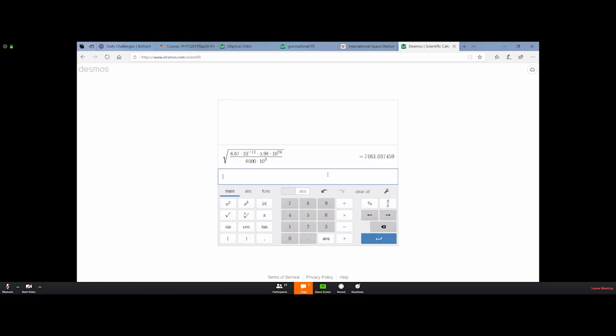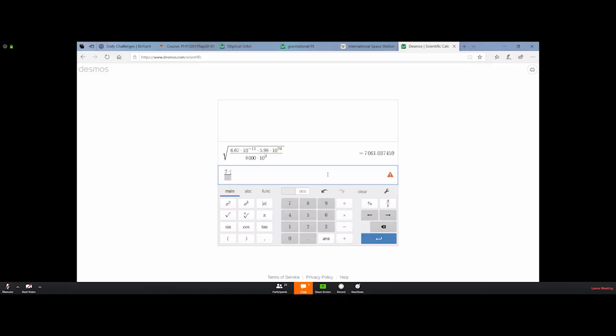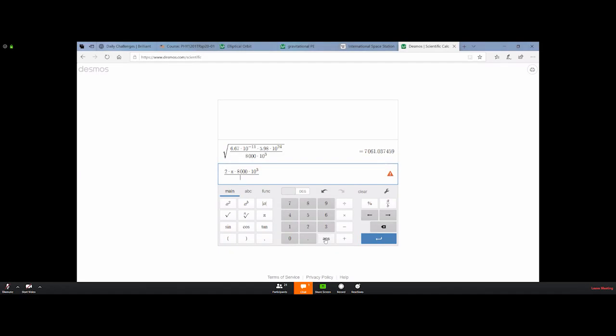I could do the period a couple different ways. I'm going to do it 2 ways. I'm just going to do time is distance over speed. Okay, so there you go.